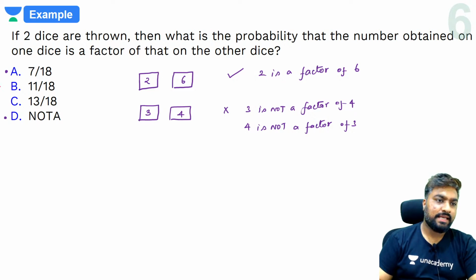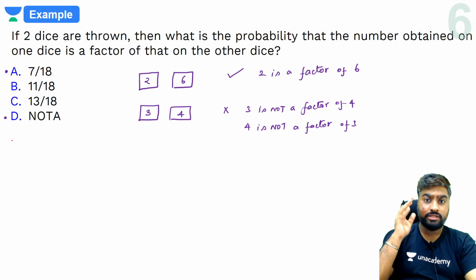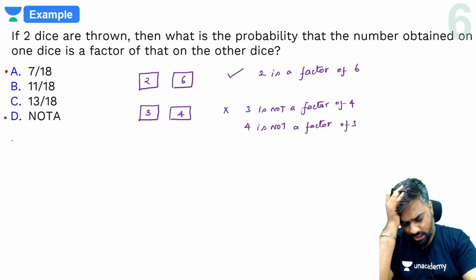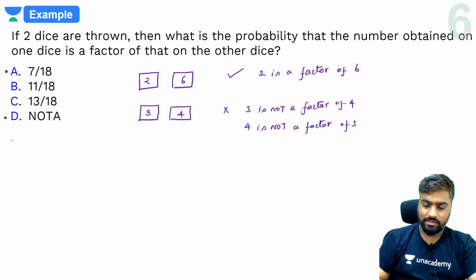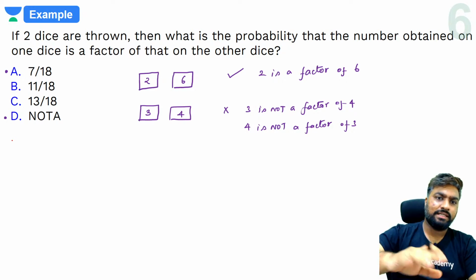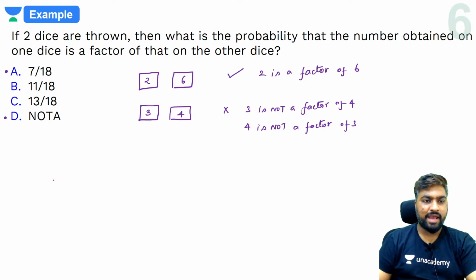Ajay also says A, 7 by 18. All right. Don't worry if you are not getting the right answer guys, no tension. Don't stress and don't hold your head thinking you couldn't even do this. Don't worry, chill. This is the first time you are seeing a question like this. It's okay. Relax. Shreyashi says A, Meher says A.